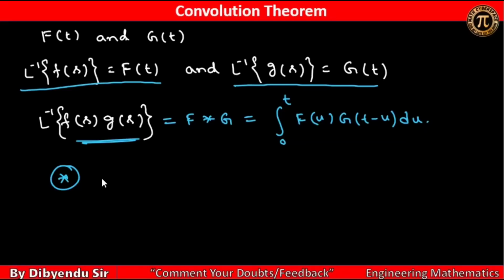You have to apply the Laplace inverse on this product f(s)g(s), and the result will be nothing but the convolution between the two functions f and g, where the Laplace inverse of f(s) is f(t) and the Laplace inverse of g(s) is g(t). And you know the convolution result: integration 0 to t of f(u) g(t minus u). Okay, let's understand using an example.